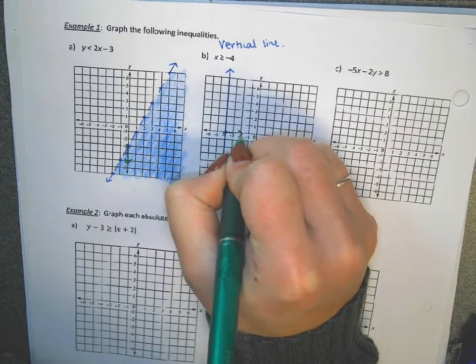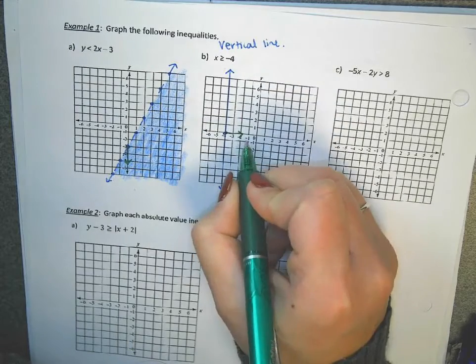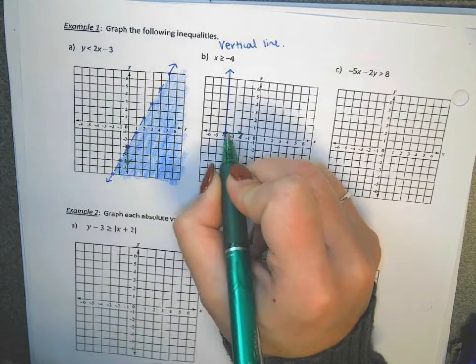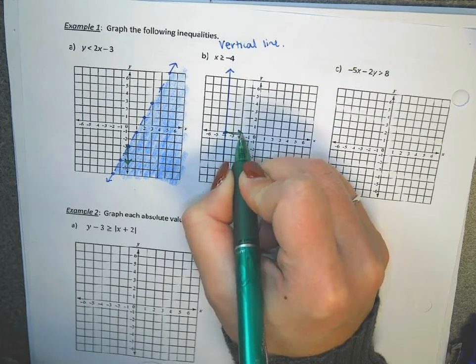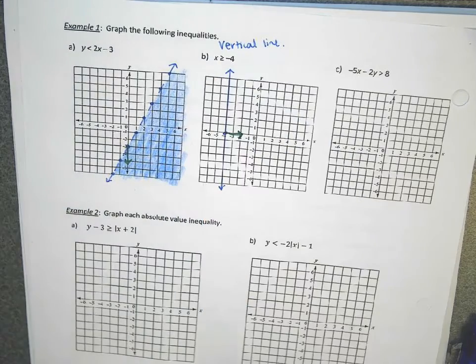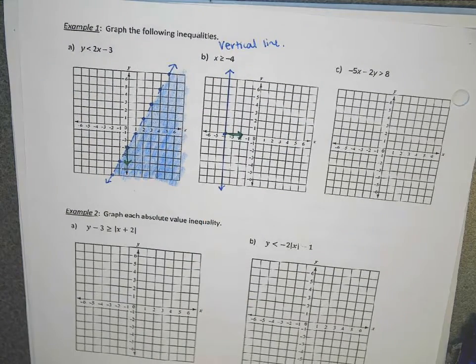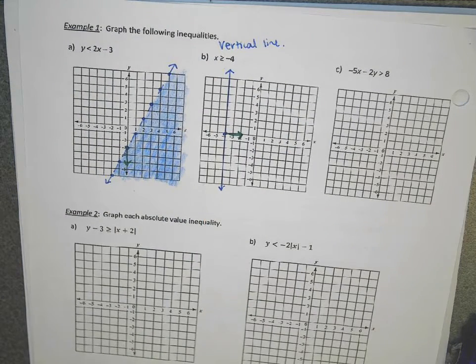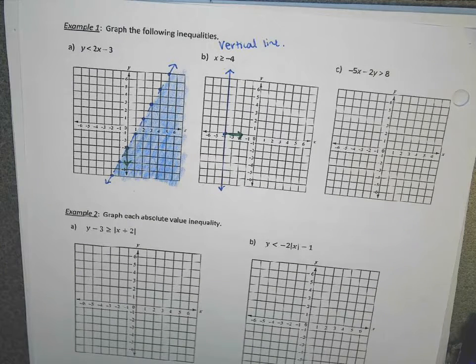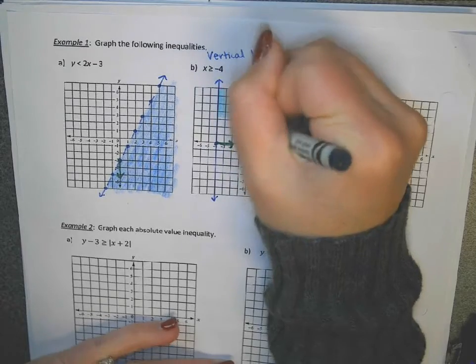The greater than or equal to are things like -3, -2, -1, 0, 1, 2, 3, all of these. So we go to the right if you're looking at x is less than or greater than. Okay? Most of the time it's y that we're comparing, and in that case, we would go up or down. So now we can see which side of the graph we're going to shade on. So we're going to shade that side of that boundary line.